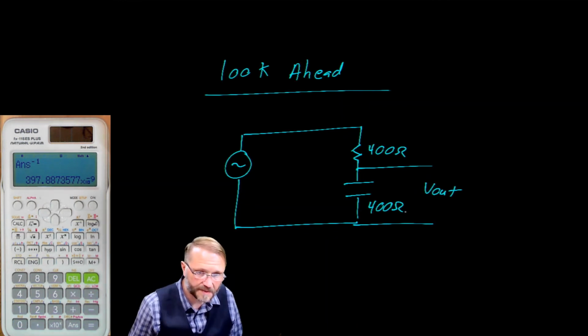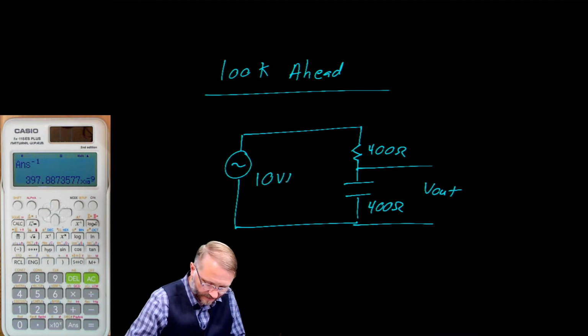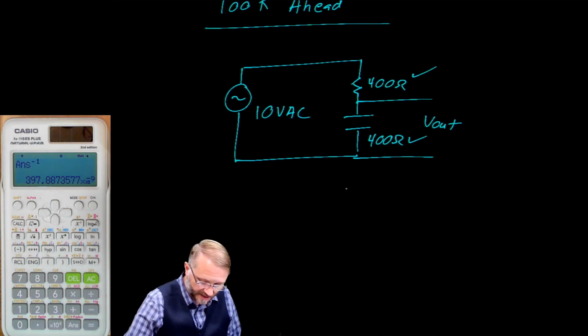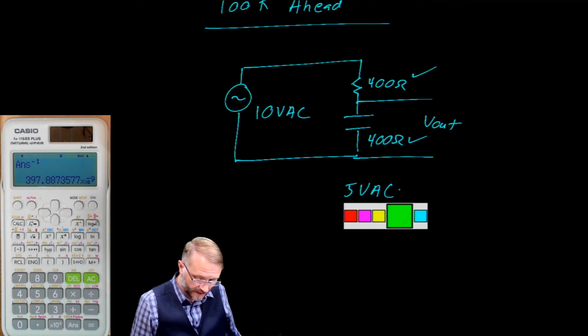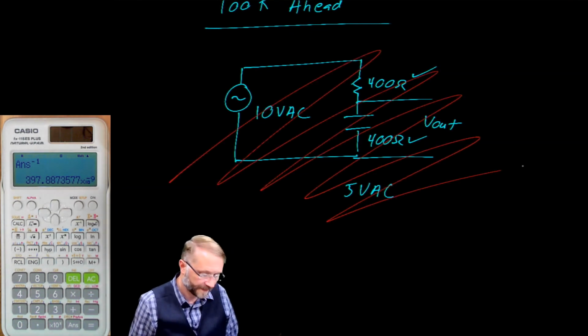You will be tempted to use a voltage divider, and you might say something like, look, I have 10 volts here because the resistance and the reactance are equal. I can just set this to 5 volts AC, and that is the temptation. The truth is that that's not going to work.